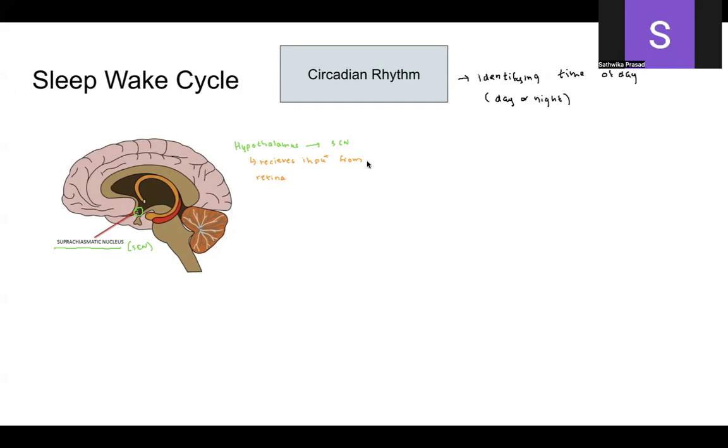The hypothalamus receiving inputs from the retina allows you to identify the time of day, which also allows your body to adjust to different time zones.